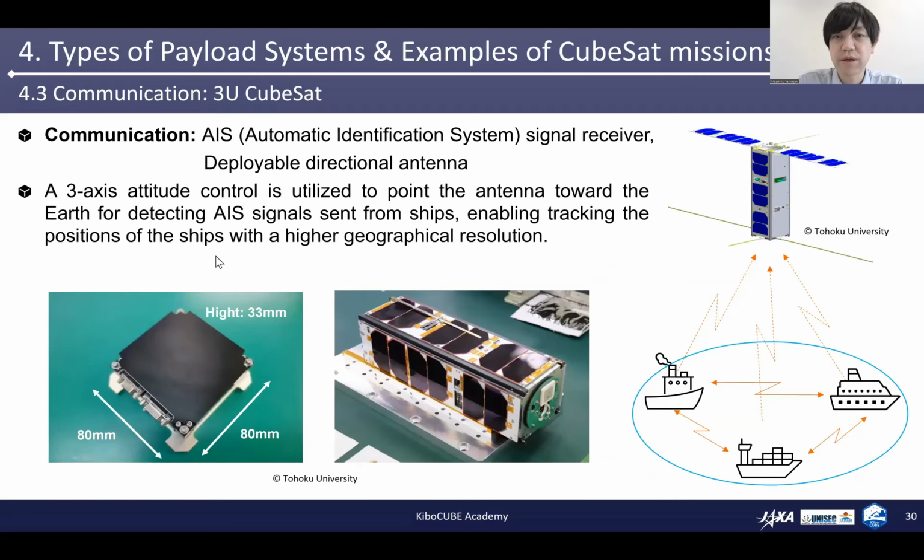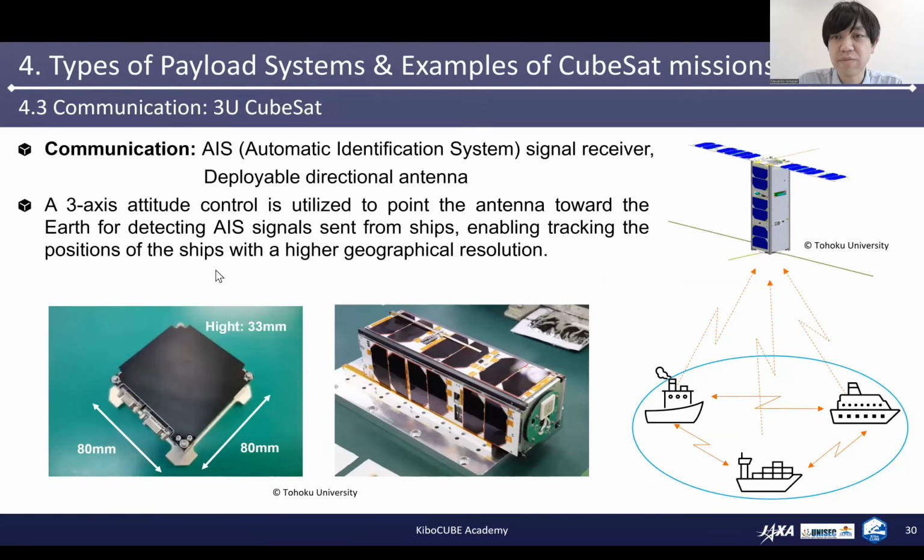The next CubeSat example is the signal measurement instrument on the 3U CubeSat. Lesson 3. Receiving and analyzing ground-based AIS, automatic identification system signals from space, is attracting interest.